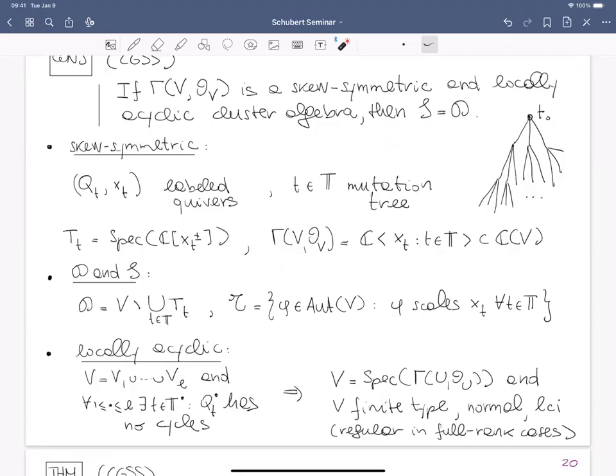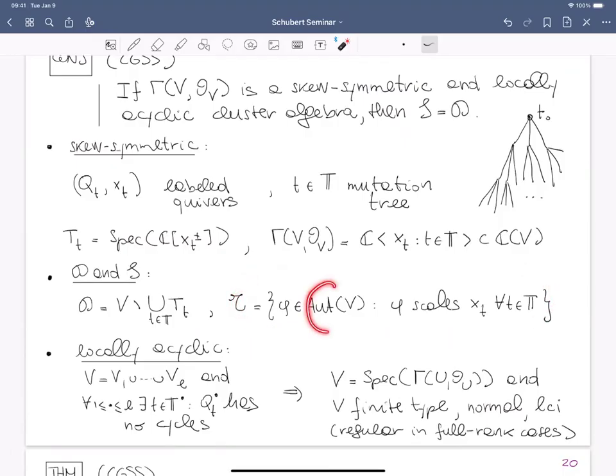So in this generality, there is a notion of deep locus and stabilizer. The deep locus will simply be V, your scheme, minus the union of all the tori. And the stabilizer will be the stabilizer of a natural torus that acts on everything.